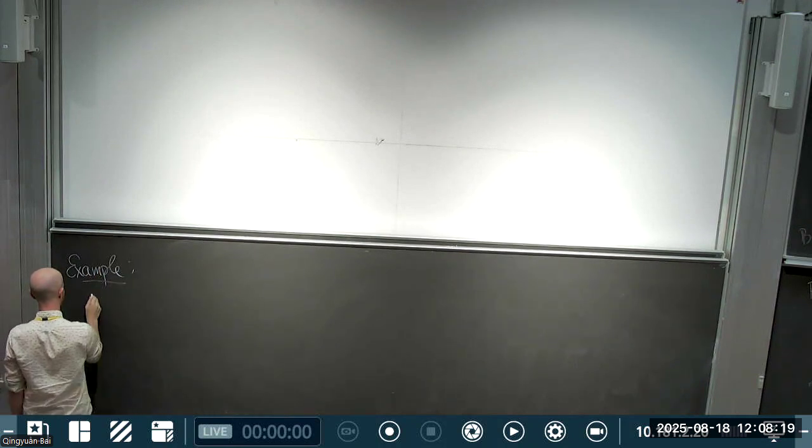As an example, if G is equal to Gm, then this functor of the Poincare sheaf is going to be the skyscraper sheaf, with a little streak here, D-modules on Bun Gm. And what does that mean? There's a map from the point into Bun Gm, which is given by the trivial bundle.